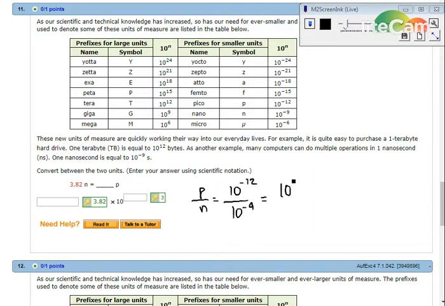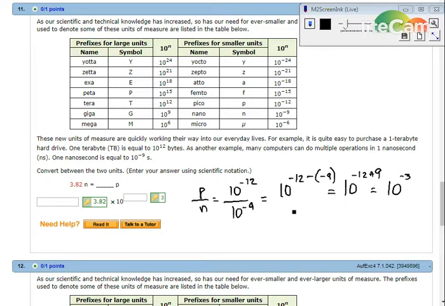Okay, so the picometer compared to the nanometer is, and the way you do this is you take the 10 and you take the exponent and you subtract the bottom exponent, which actually causes us to add 9 because of the double negative. Okay, so negative 12 plus 9 is negative 3.